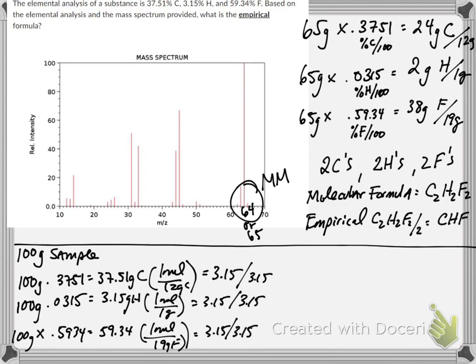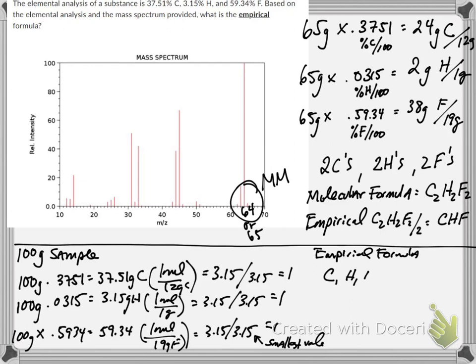They happen to be all the same in this problem, but if they were different, you would always pick the lowest one, and then we get the integer empirical relationship. The 100-gram method is also called the empirical formula method, because you can always determine the empirical formula using this.